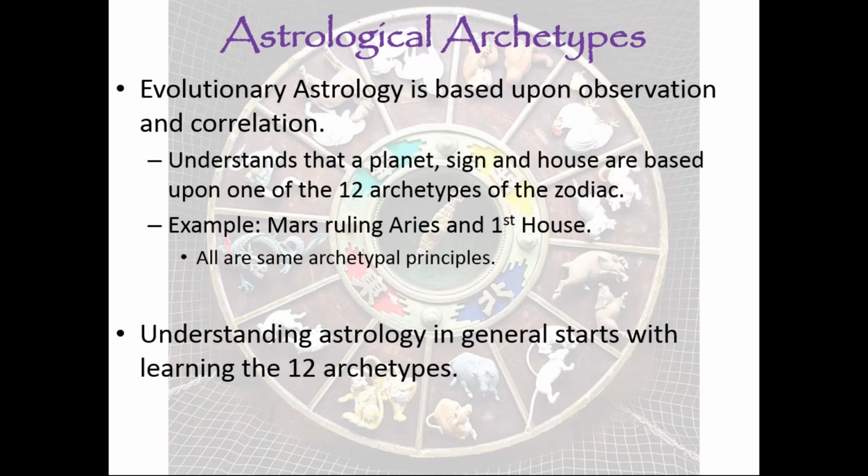Again, Jeffrey Green always used to say, you learn the 12 archetypes of the zodiac, and then you can understand a planet, a sign, or a house. So understanding astrology in general starts with learning these 12 archetypes. Now, as we go through these planetary series, square the nodal axis, you can easily take these archetypical principles of each of these planets and extrapolate it into the 12 archetypes of the zodiac.